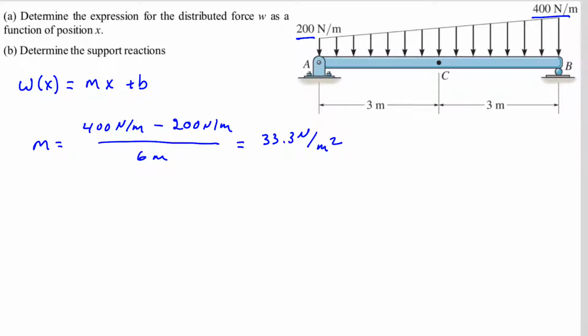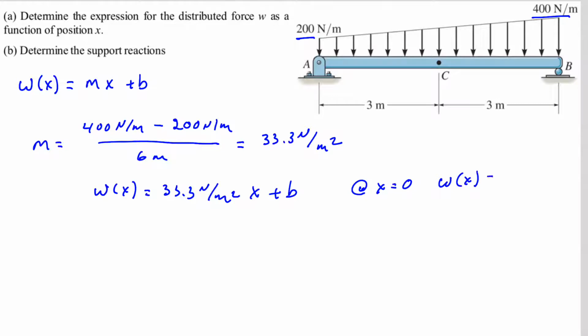The next step is to solve for our y-intercept. Right now we have W of x equal to 33.3 newtons per meter squared times x plus b. We know at x equal to 0, W of x equals 200 newtons per meter. Therefore, b equals 200 newtons per meter.